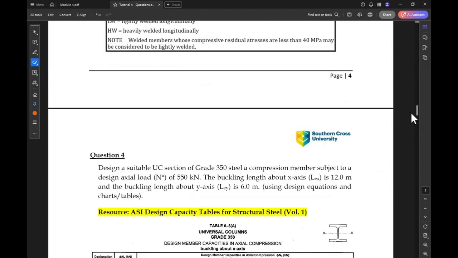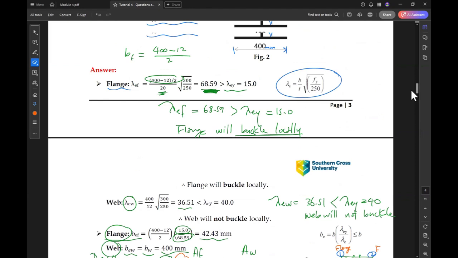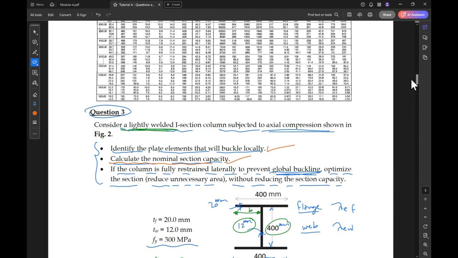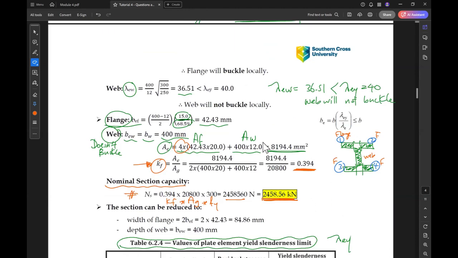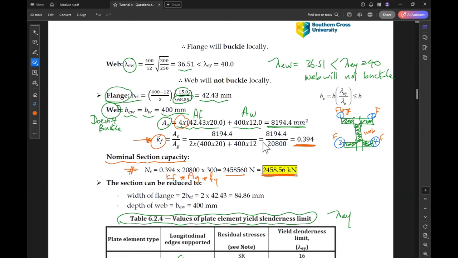And if we want to optimize the section, so reduce unnecessary area without reducing the section capacity. As you can see here, this part is not effective and this part is not effective. So if we want to remove this part, this is B effective of flange.